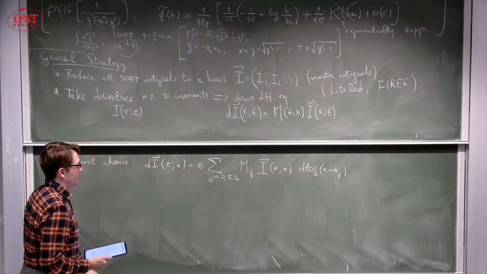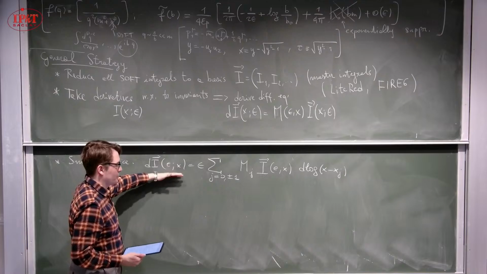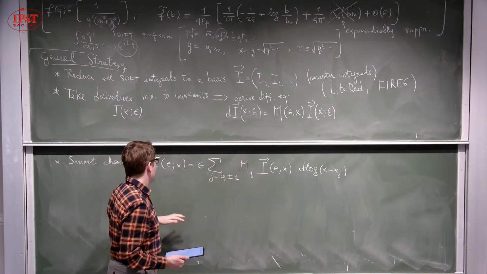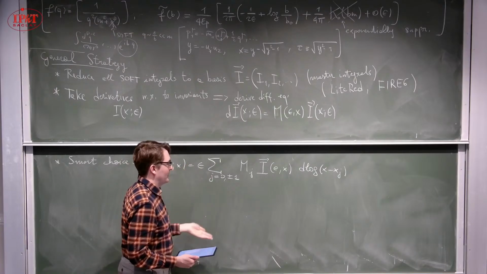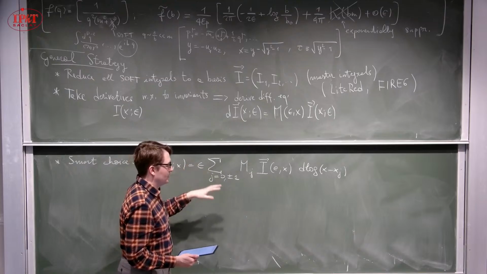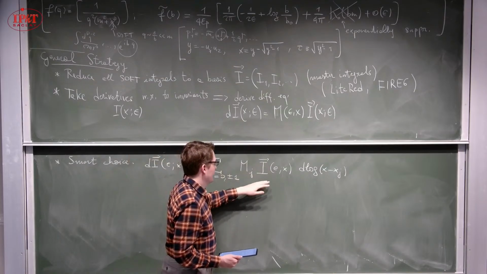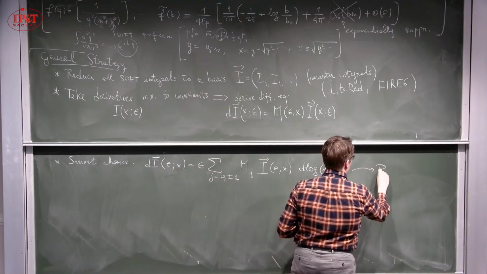And the reason why this is a smart choice is that since we are only interested in resolving this problem for small epsilon, we can solve this problem perturbatively. In particular, we can find the order n plus 1 in the epsilon expansion by simply integrating with respect to x the order n in the small epsilon expansion of the integrals against this d log, which leads to polylogarithms.